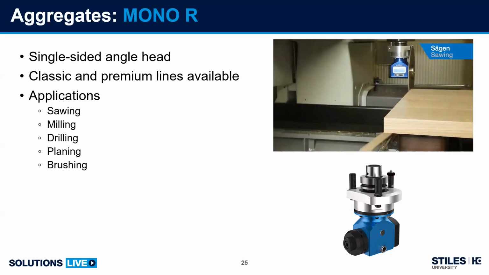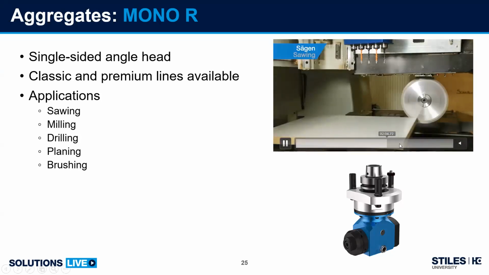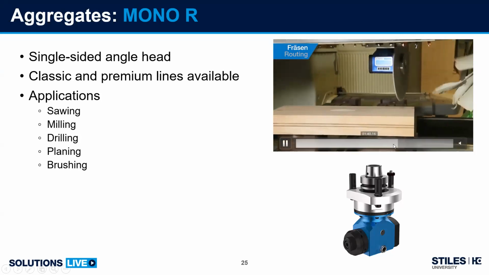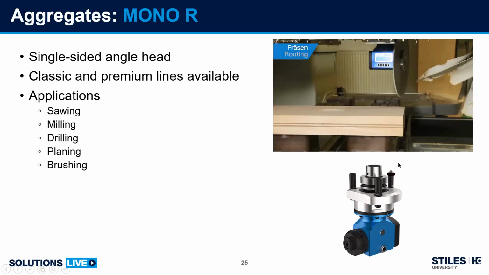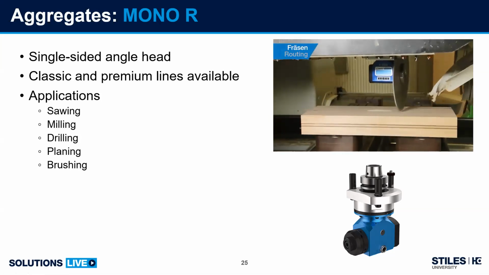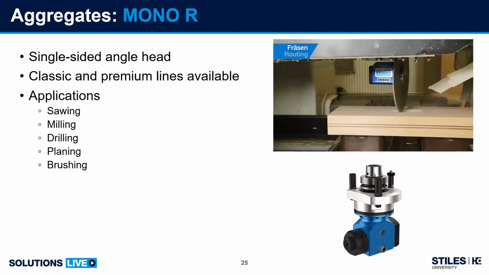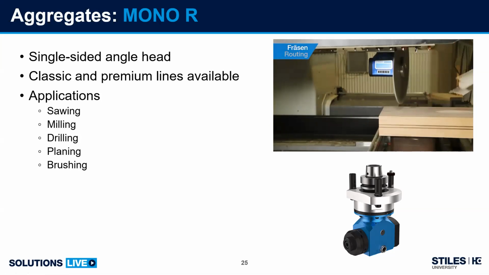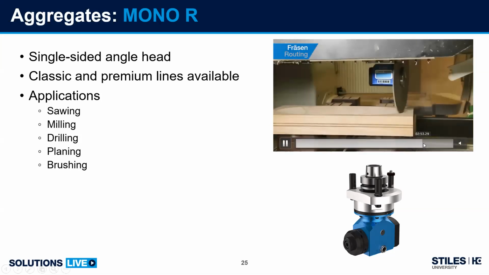This is one of my favorite Benz videos, and a disclaimer before we show it: this is an experienced programmer running this material. He's actually going to cut a board with this mono aggregate, and he's got a monster saw blade on there. As he goes through this process, and we'll skip ahead, it's actually fairly impressive.